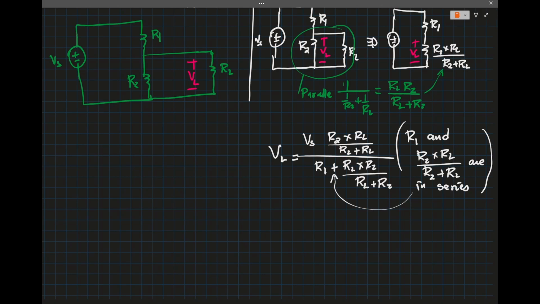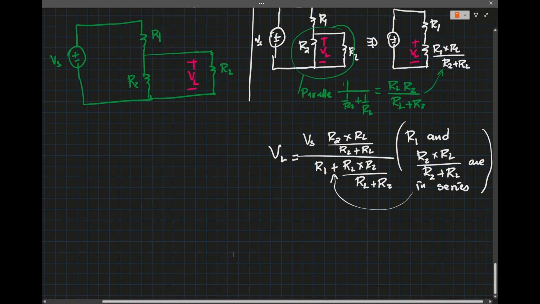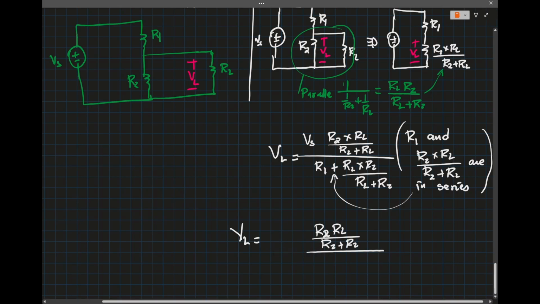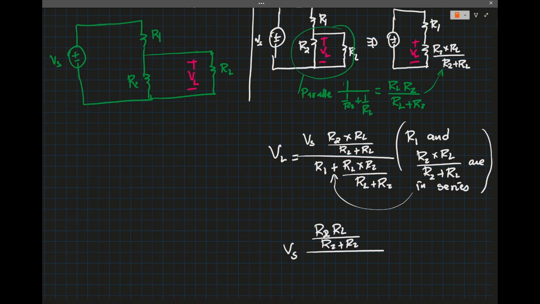So we calculate VL equal to Vs times R2 R load divided by R2 plus R load, over R1 plus R2 R load divided by R2 plus R load.